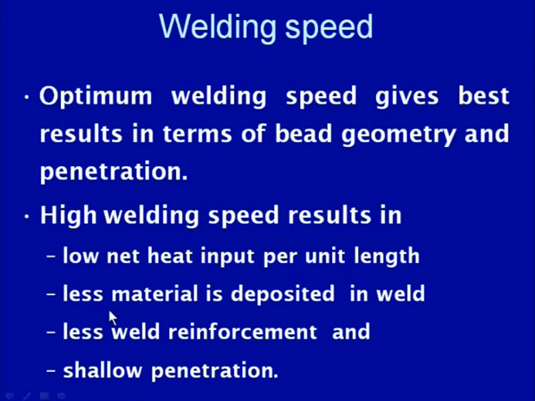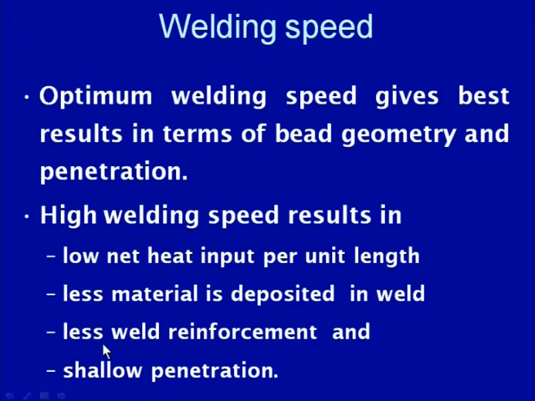Because of this, less material from the electrode is brought to the molten state and applied onto the base metal, and that is why less material is deposited into the weld.